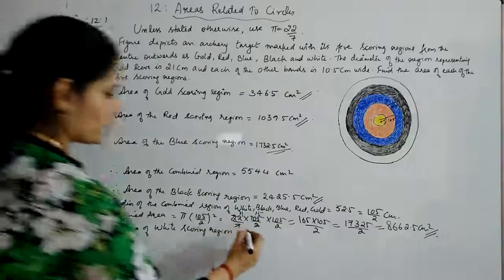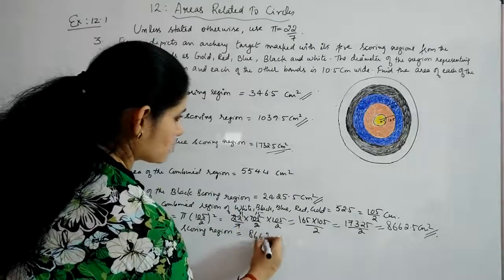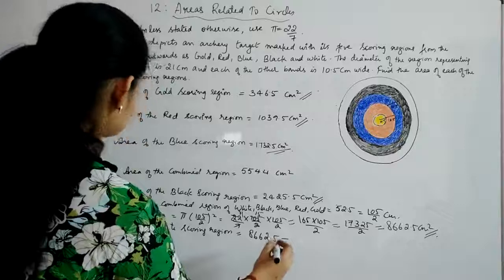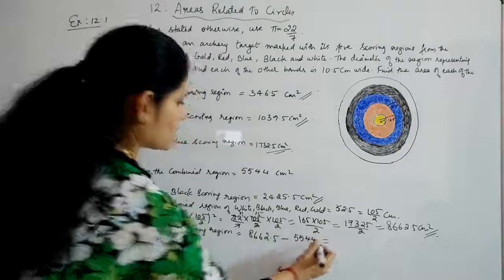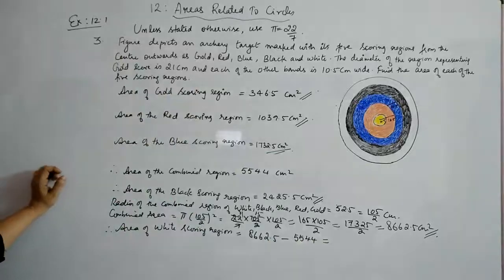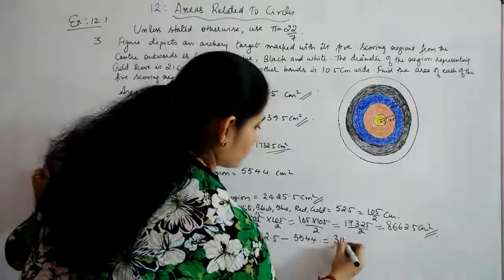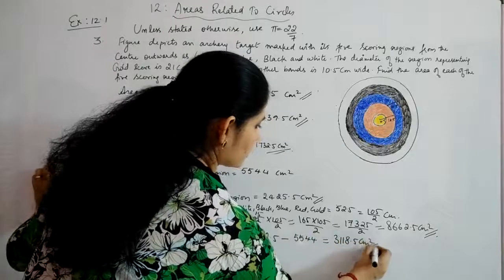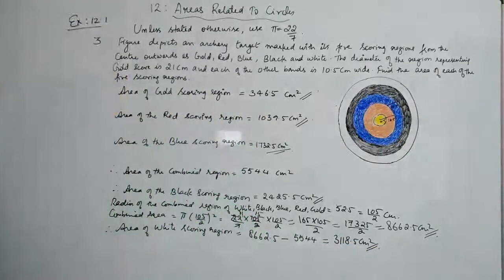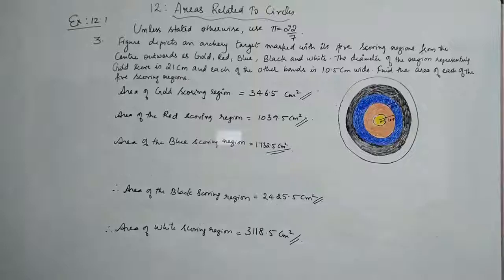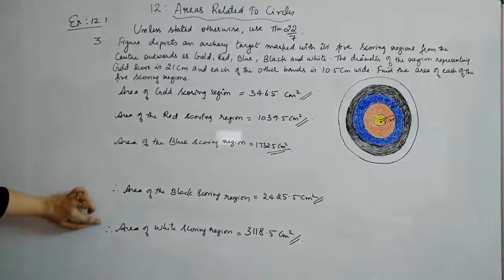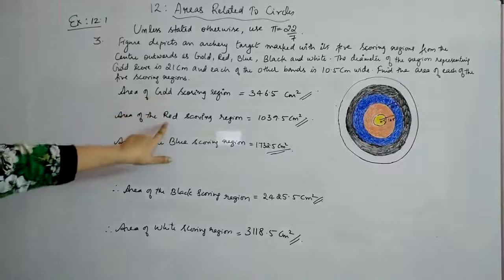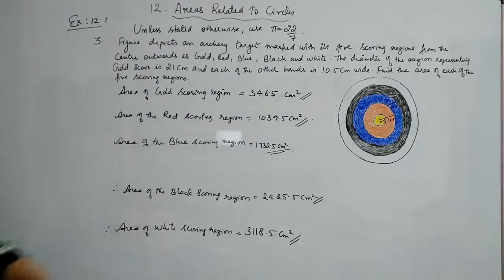So you'll get 8662.5 minus the area of the combined region, 5544, which gives you 3118.5. 3118.5 centimeter square is the area of the white scoring region. So the 5 region areas are respectively these: gold, red, blue, black and white.